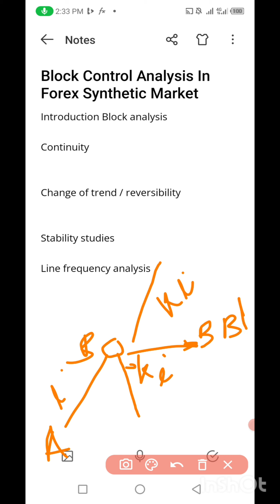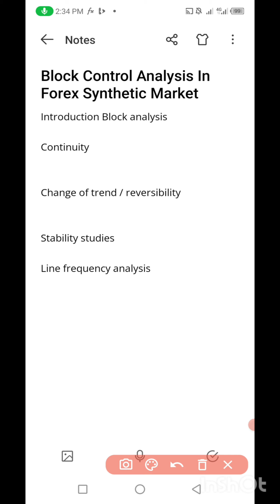But if the output action is below this cycle or this ellipse, then it is called a bearish block, BB or BBR, bearish block. So that is by the way.